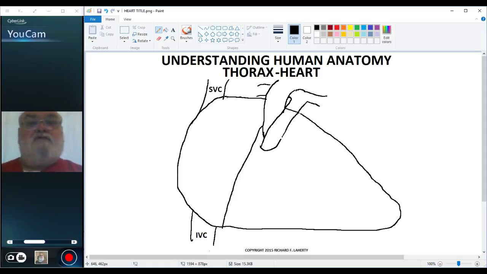And I'm going to draw in another groove down like so. And this is the interventricular groove. And again, it's filled with arteries, veins, and fat, so it's not easy to distinguish in all individuals.